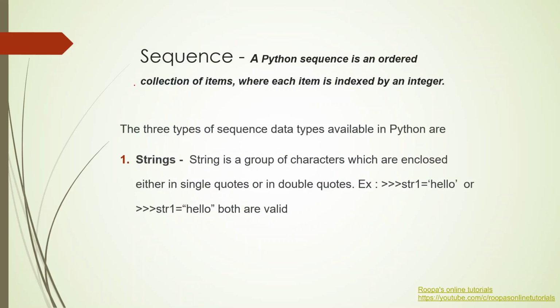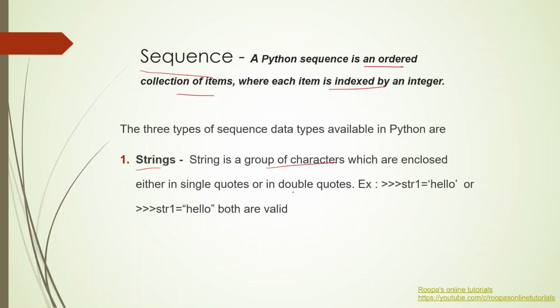Another new data type that you have here is called a sequence. Strings are very common in many languages. A sequence is an ordered collection of items where each item is indexed by an integer. In other languages like C or C++ or Java, many would know that a string is nothing but a group of characters enclosed in double quotes.